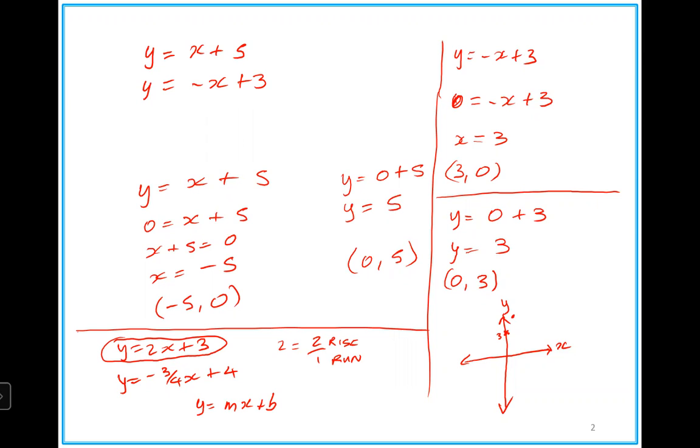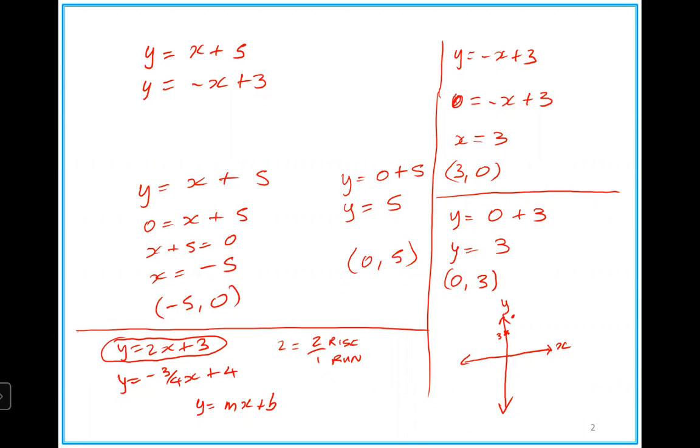Yeah, you could do that too, because remember it's rise over run, so you could go up 2, across 1, or down 2, to the left 1. It doesn't matter which direction, I could go either way.